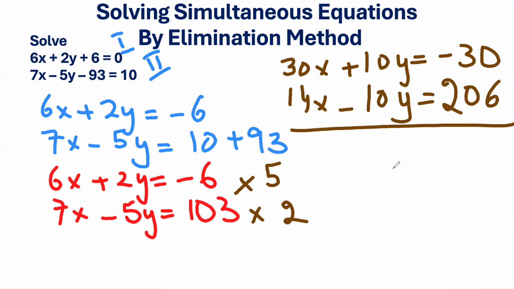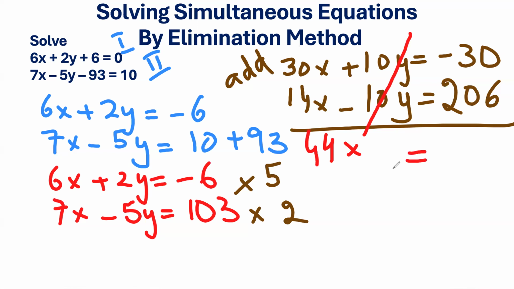Now you can eliminate y. How can you eliminate y? If you add these two equations, then 10y and minus 10y will be cancelled. And you can add 30 plus 14, which will give you 44x.